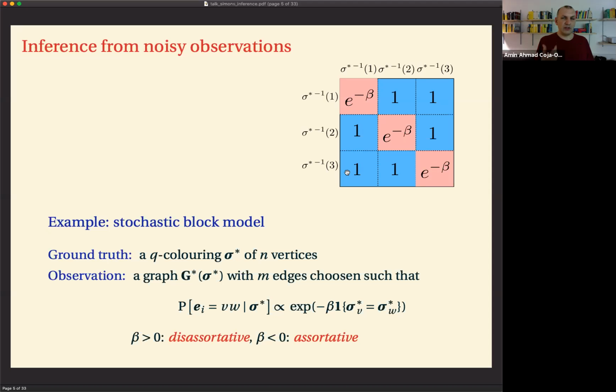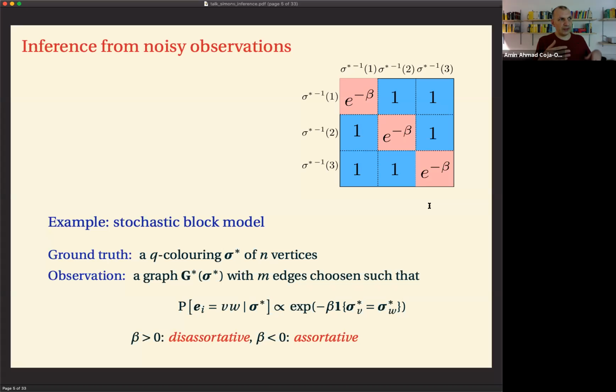And in the assortative model, we would actually encourage monochromatic edges. And so in most of the talk, I'm going to focus on the disassortative version, where we create a graph like this here, where effectively on the diagonal blocks of the adjacency matrix, we expect the graph to be a bit sparser than on the off-diagonal pieces.